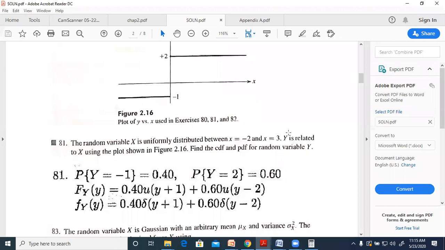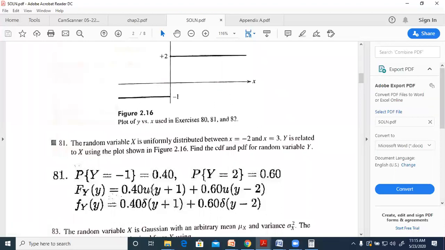And positive values of x will give you 0 to 3, and the total range is 5, so 3 by 5 will give 0.6 for the value of y equal to +2. So +2 is for x positive values, -1 is for x negative values. Negative values are 40%, positive values are 60%. Therefore we have the probability like this.